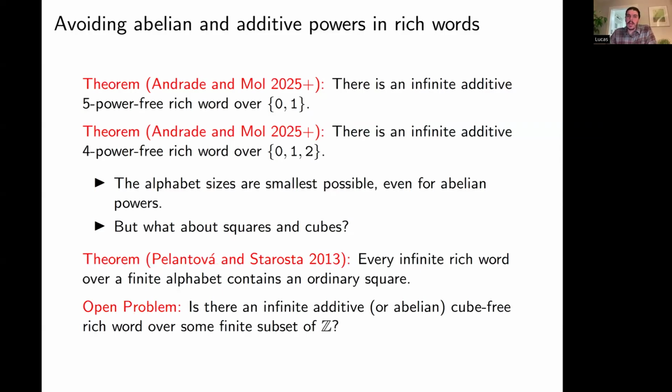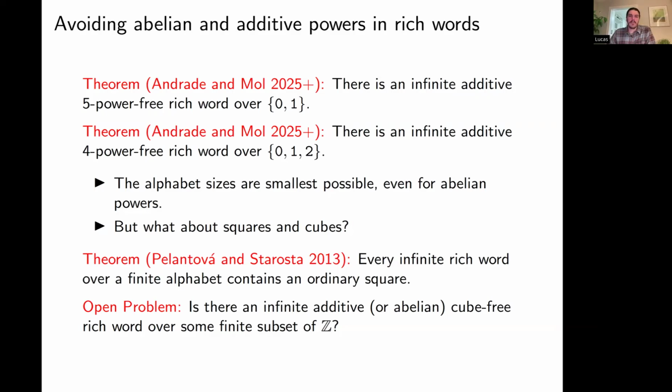Jonathan and I tried to find a construction of an infinite additive cube-free rich word over a finite subset of the integers, but we didn't find such a word. We did some backtracking searches, of which I don't remember the exact outcomes, but we didn't find anything really interesting.